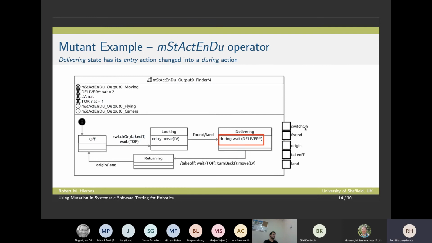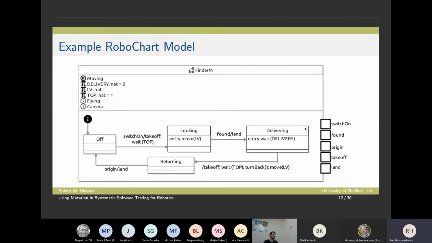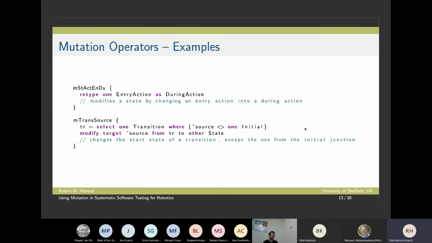So what can we get? Well, if we start off here and look at the delivering state, it has an entry action, wait delivery. So that means that for any transition that we execute going into that state, we have this wait that must occur before the state is entered, and in particular before any leave exit transitions are executed.